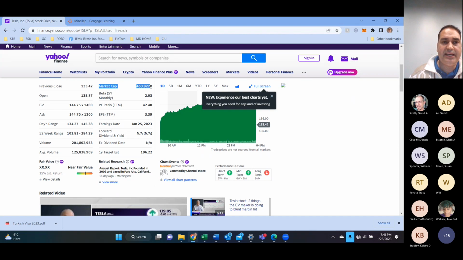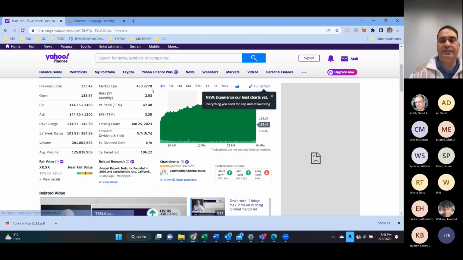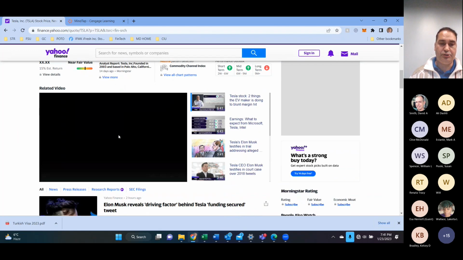Market cap of Tesla is about $454 billion, which means that the market is valuing this company at this price. And that price might be different from the book value of its assets, and that means the company is doing a good job.